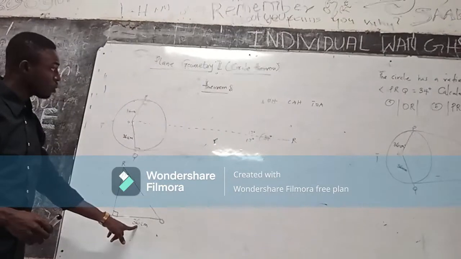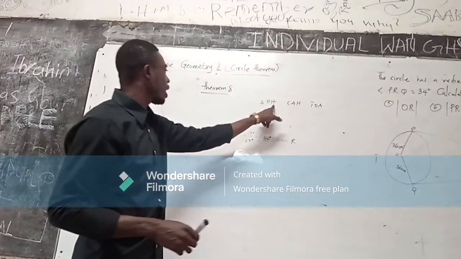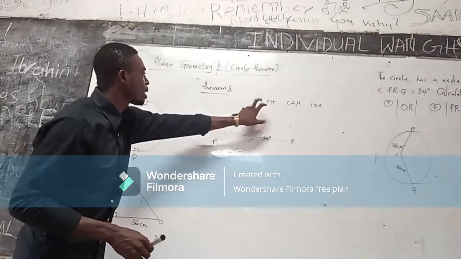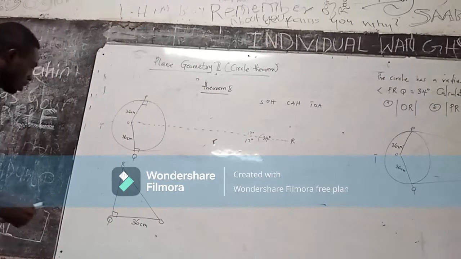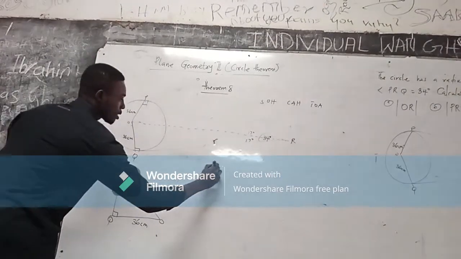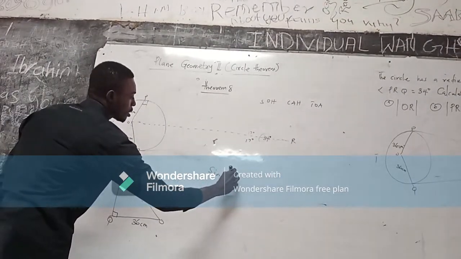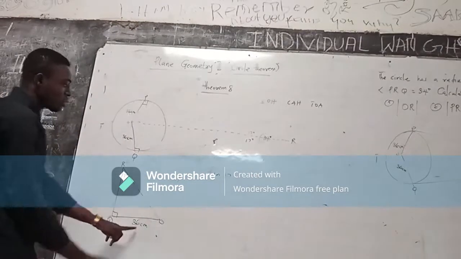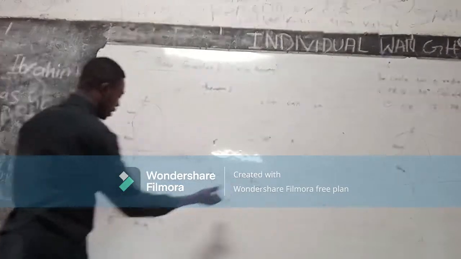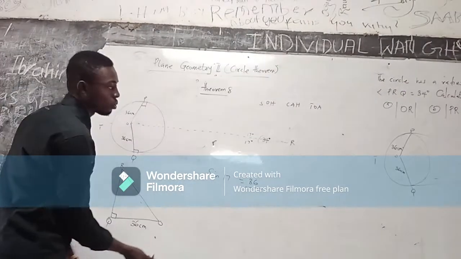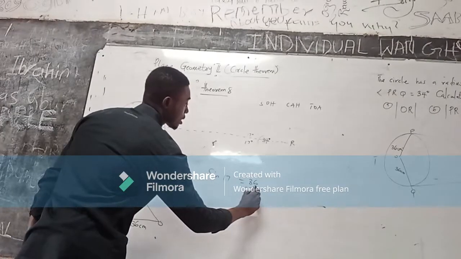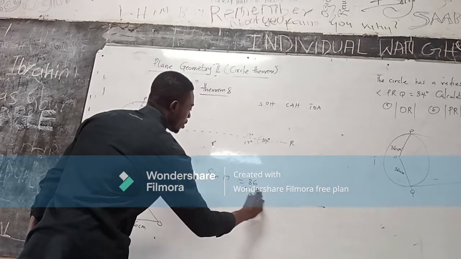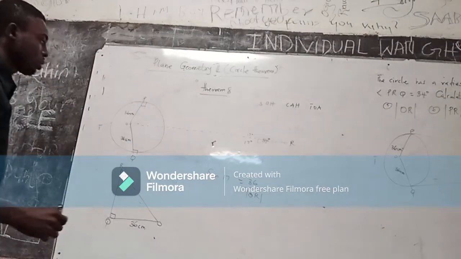So once we have the opposite and you are finding the hypotenuse, means that you have to use what? Sine. So it means that you write sine 17 is equal to the opposite, which is what? 36 divided by the hypotenuse that we don't know. Or you can name it as OR, line OR.